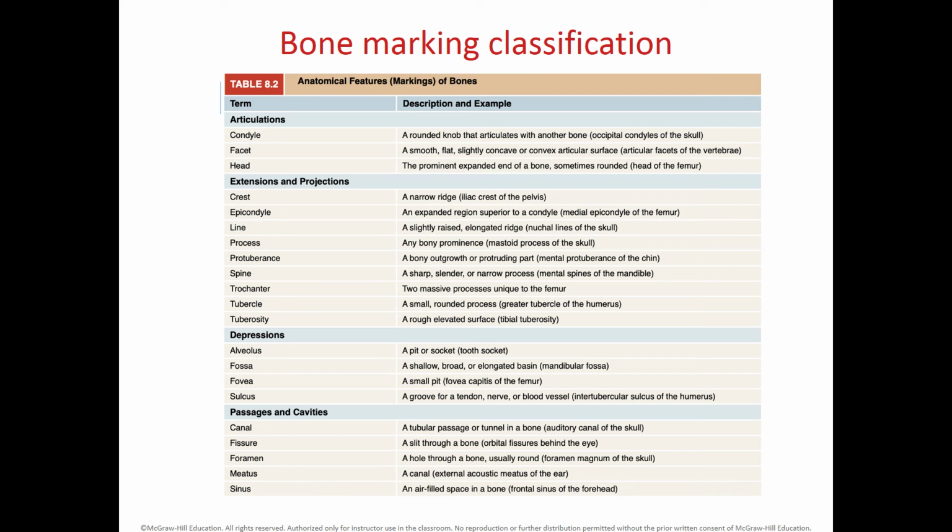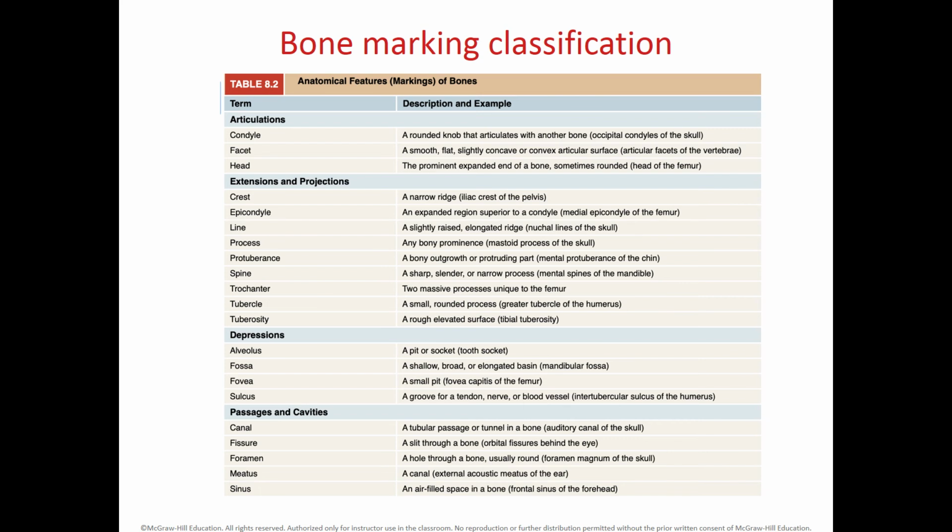We also have foramen, which is the name for a hole through the bone and is usually round, like the foramen magnum of the occipital bone. Now, foramen will be the name for a single hole, while if you have multiple, that will be called foramina. We also can have a meatus, which is similar to canals.